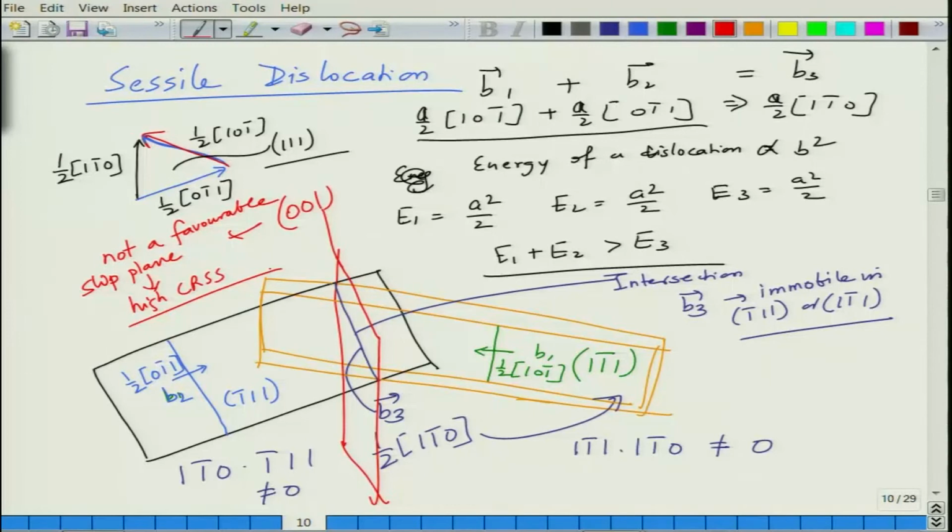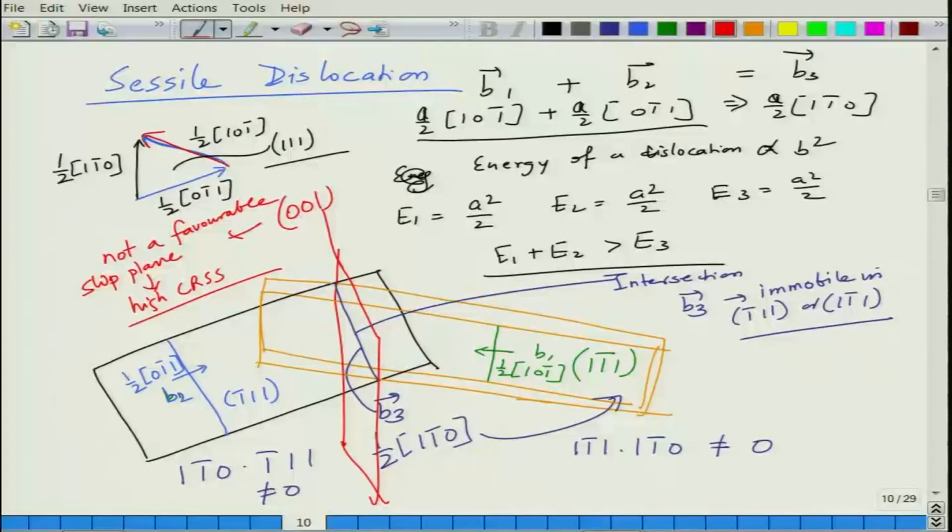So, basically what we have done is, you have created two dislocations which were moving nicely in two different planes, but when they met each other they gave rise to another dislocation whose Burgers vector is different. It does not lie in any of the original slip planes. The Burgers vector lies in another plane which is not a slip plane. So, as a result you increase the shear stress required to move the dislocation.